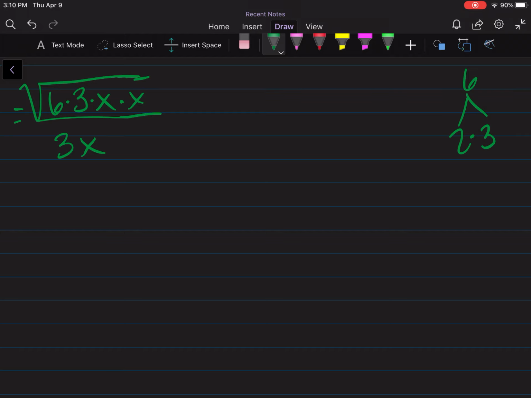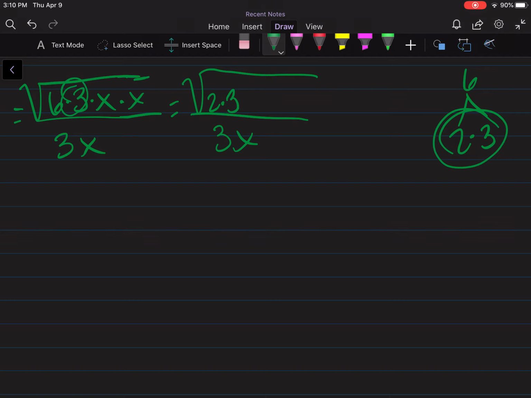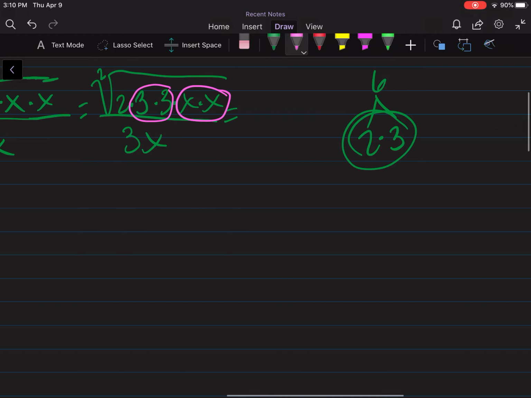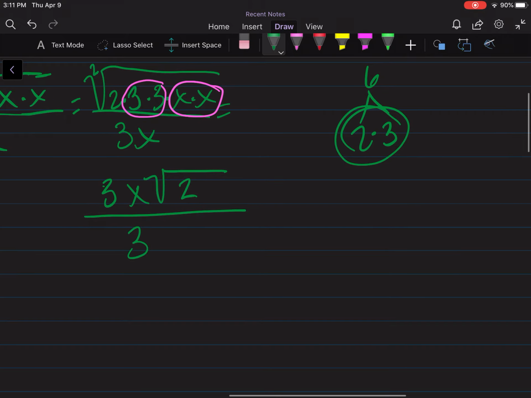So inside, going to keep our 3x of that house, we're going to have 2 times 3, remember that was for our 6, and then we got to do something with this 3 times x times x. Now remember, there's an implied 2 there, so we're going to take our pairs, these are our pairs, and put them outside the house. So outside the house we've got a 3, we've got an x, and inside the house we have a 2 left over. The bottom we have 3x.